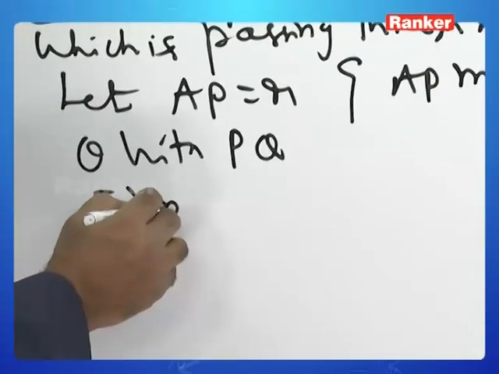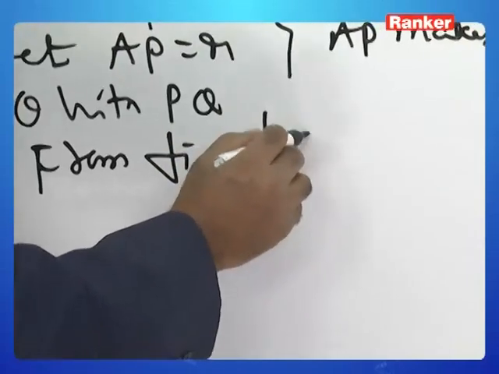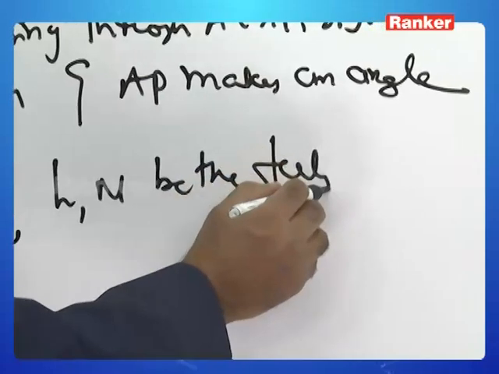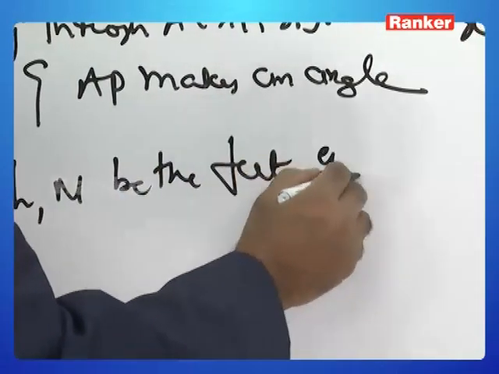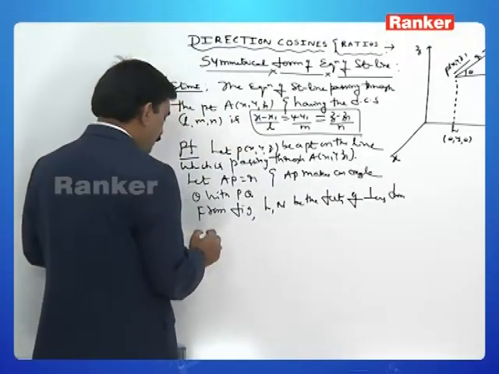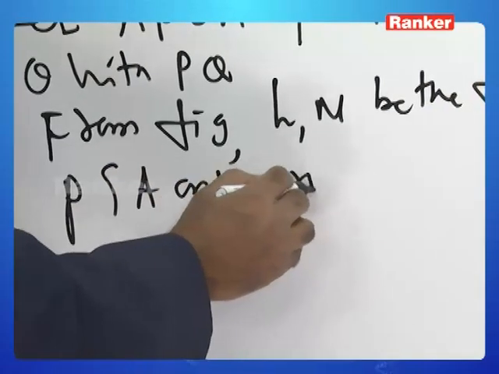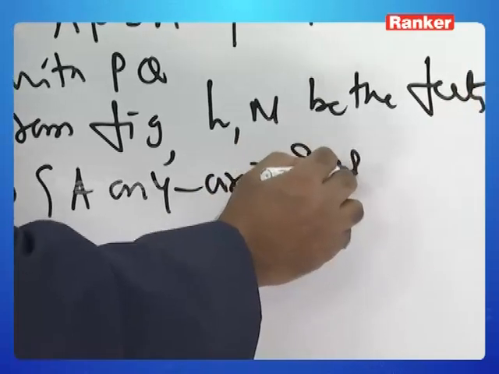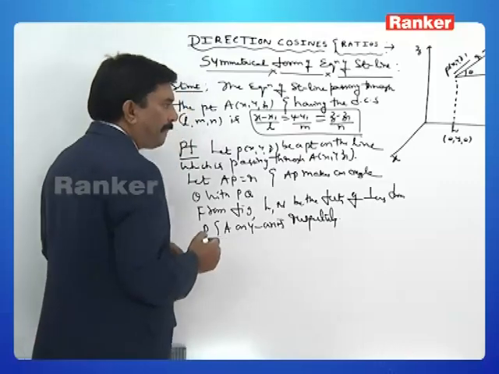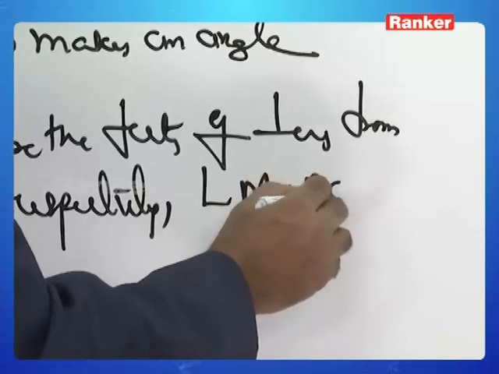Now from the figure, L, M be the feet of perpendiculars from P and A on the y-axis respectively, and LM is equal to PQ.